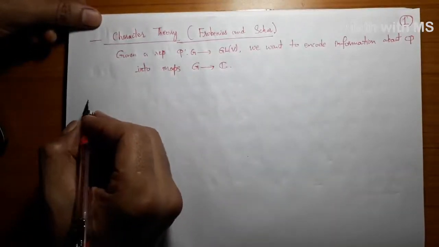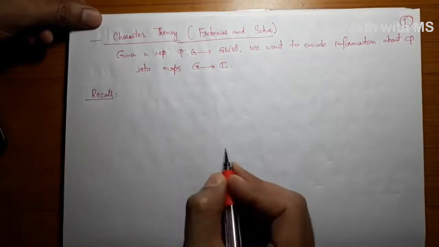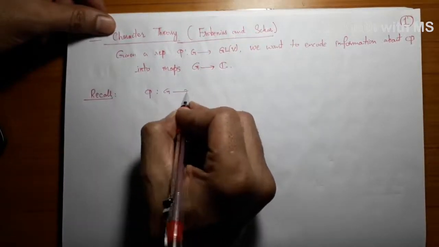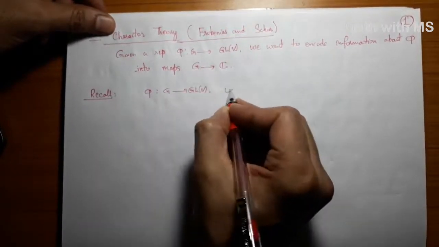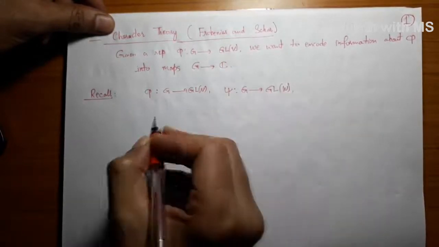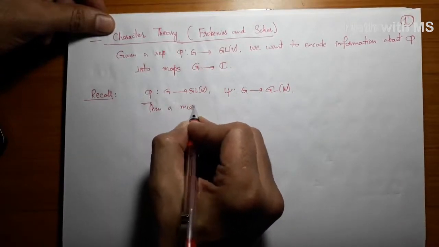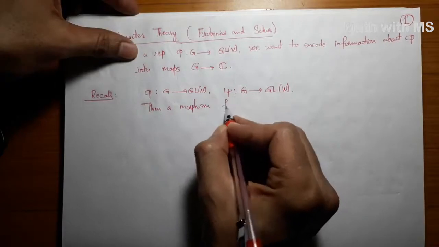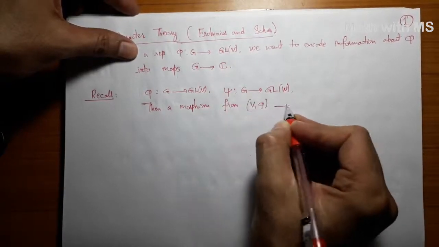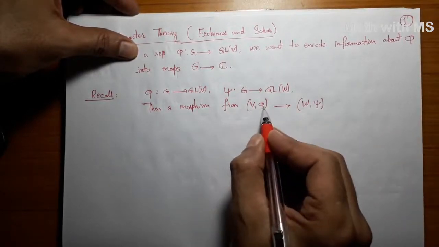So let us begin. Let me recall for you what we mean by equivalence of two representations. You have two representations phi from G to GL(V) and psi from G to GL(W). Then a morphism from the representation (V, phi) to the representation (W, psi), and some books will simply write morphism from phi to psi.